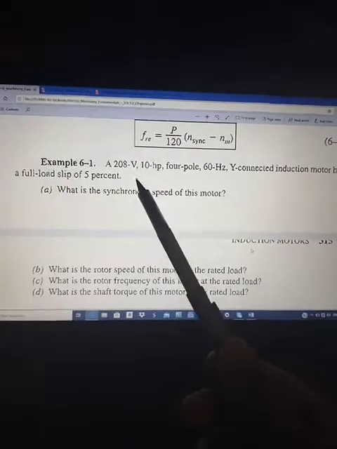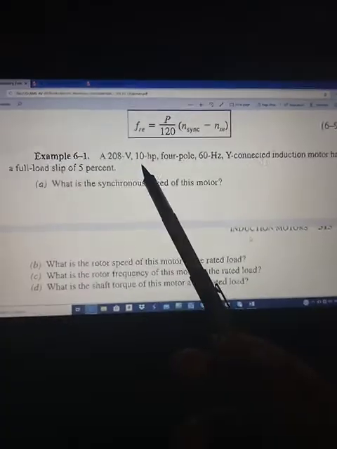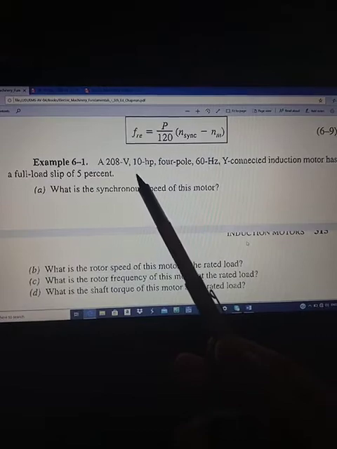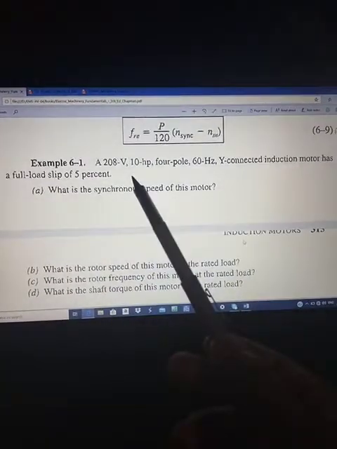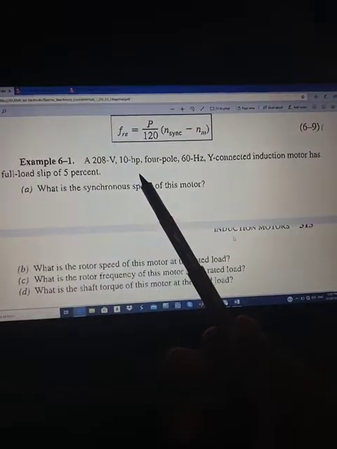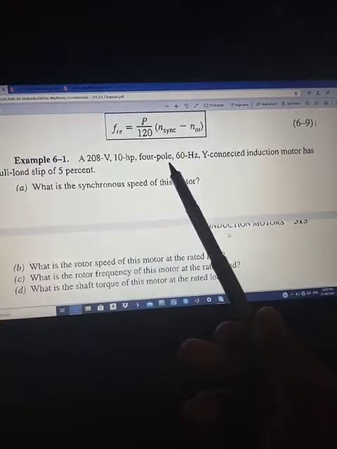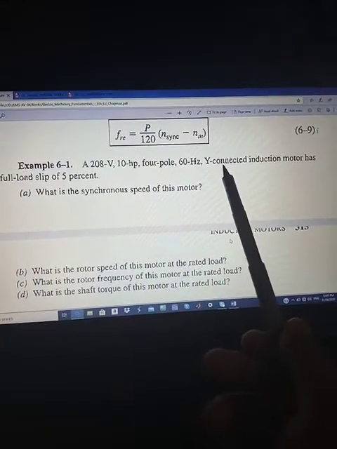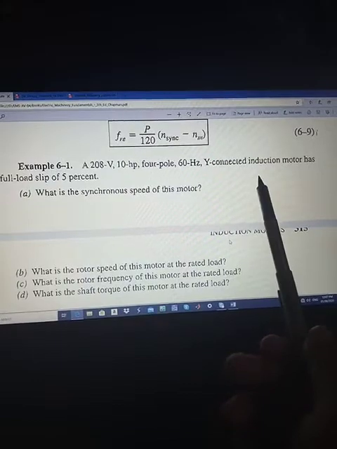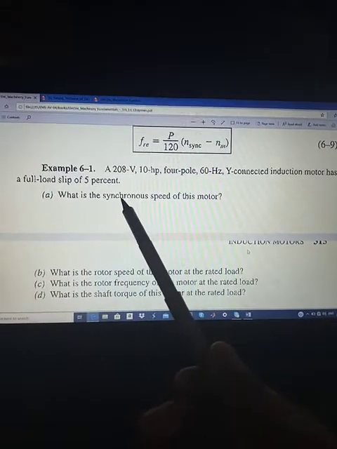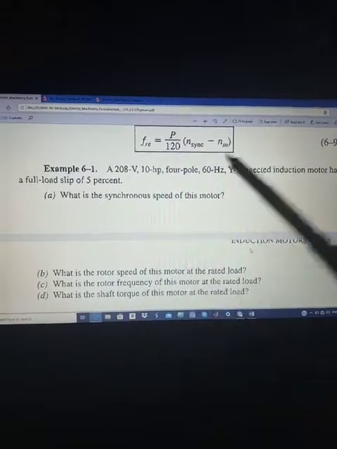So now let's discuss example 6-1. We are given a 208 volt, 10 horsepower, 4 pole, 60 hertz induction motor, and the stator is wired as a Y connected stator. This induction motor has a full load slip of 5%.